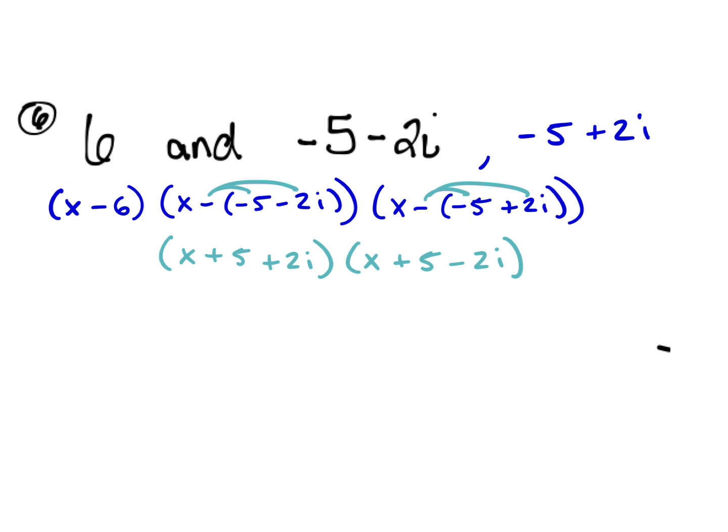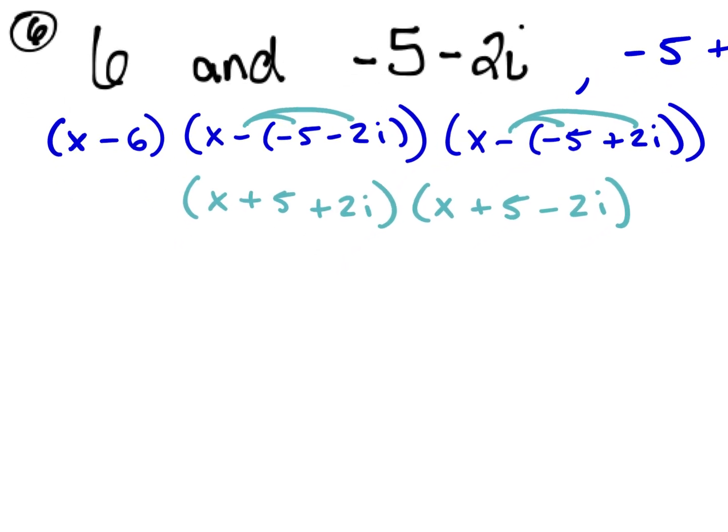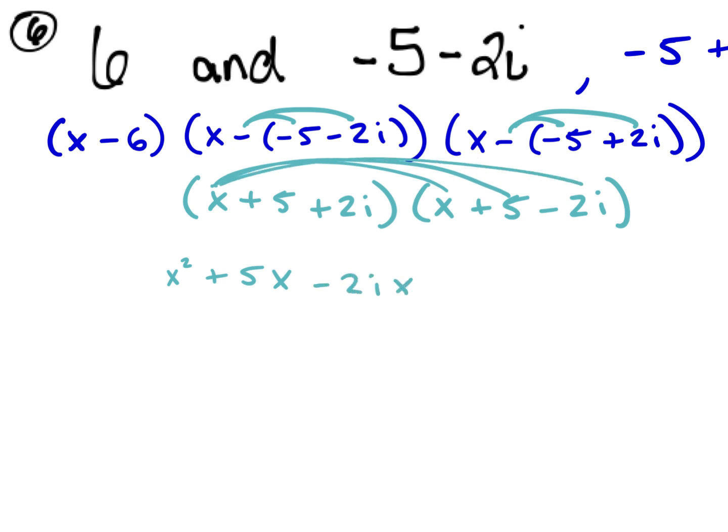Make sure everything in the first set gets multiplied to everything in the second. So starting with x times x is x squared plus 5x, we'll just say minus 2ix. The i's are always going to cancel in the middle, so we'll just leave it like this. Don't worry about the order that you put it in. The solo i's that you have will always cancel. Any i squared that you have will turn into negative 1. So the i's always go away when you multiply the conjugates.